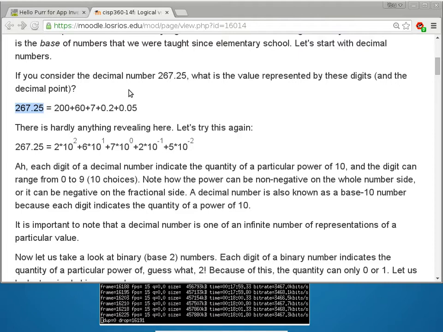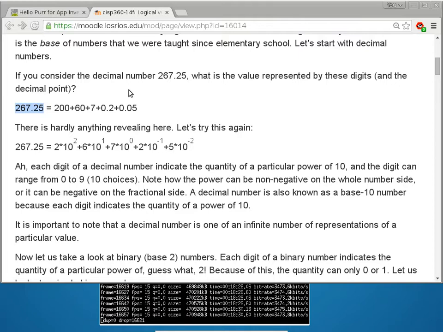You think of it as we have $1 bills, $2 bills, $4 bills, $8 bills, $16 bills, 32, 64, 128, 256, 512, and so on. On the flip side, you can also have half dollars, quarter dollars, eighth dollars, sixteenth dollars, and so on. So it doesn't work on just the positive side of the power. It also works on the negative side of the power.